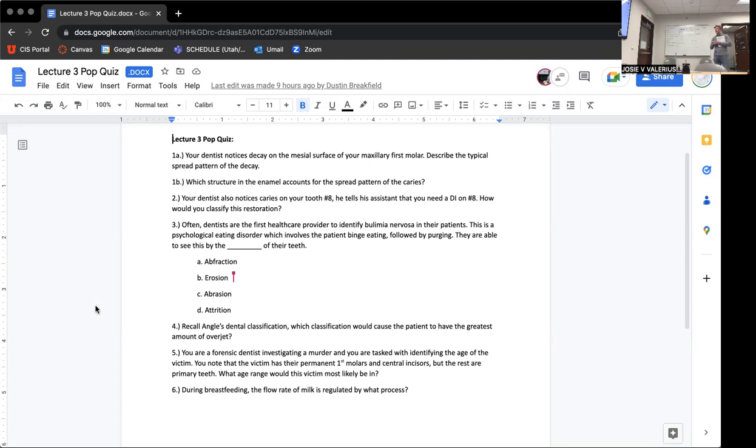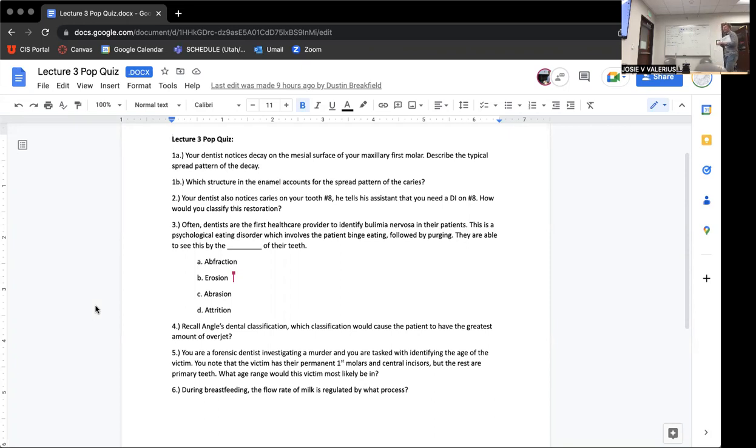Cool. Number 4: we're calling Angle's general classifications. Which classification would cause the patient to have the greatest amount of overjet? Right, Division 1, because that's when the anterior teeth are protruding instead of retruding, so they'd be out farther. Perfect.